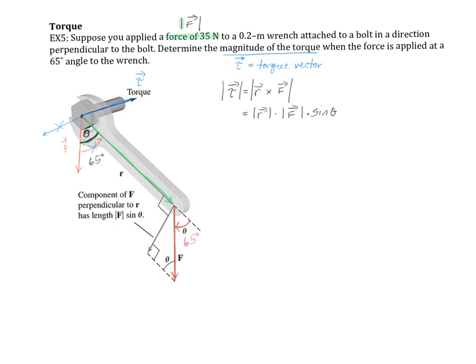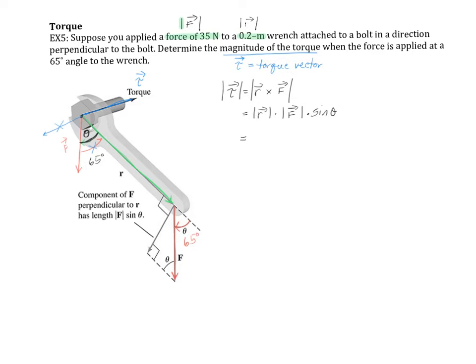So we're applying this force to a 0.2 meter wrench. So that is the length of R. So this 0.2 meters, that is the length of R, or the magnitude of R. So I actually have everything.